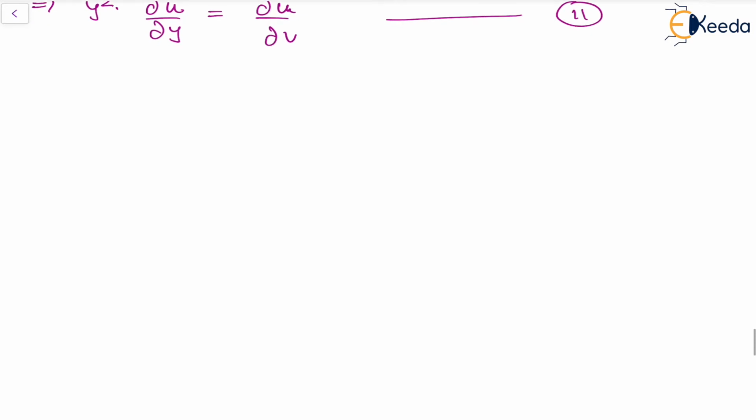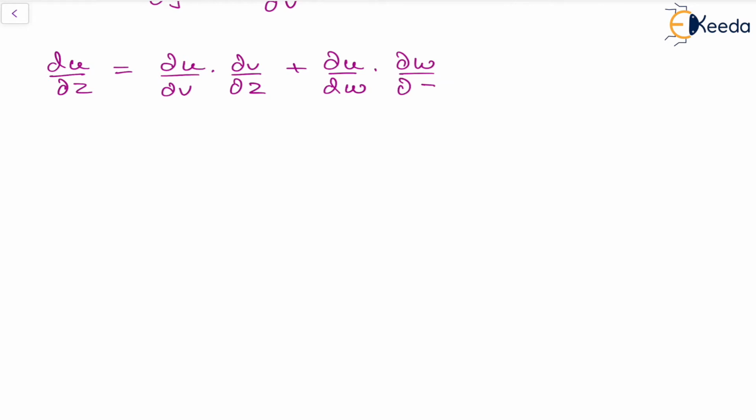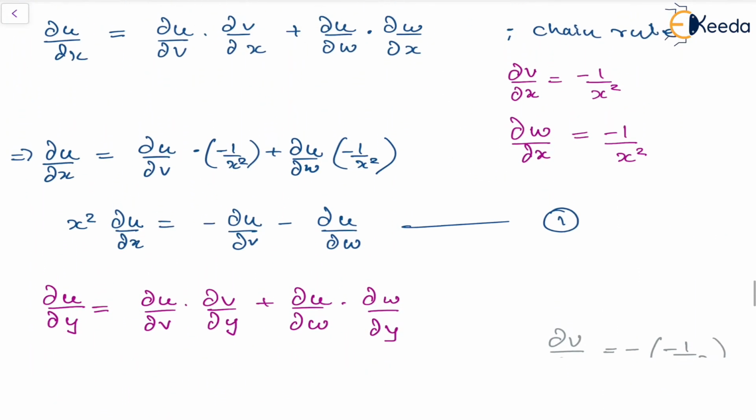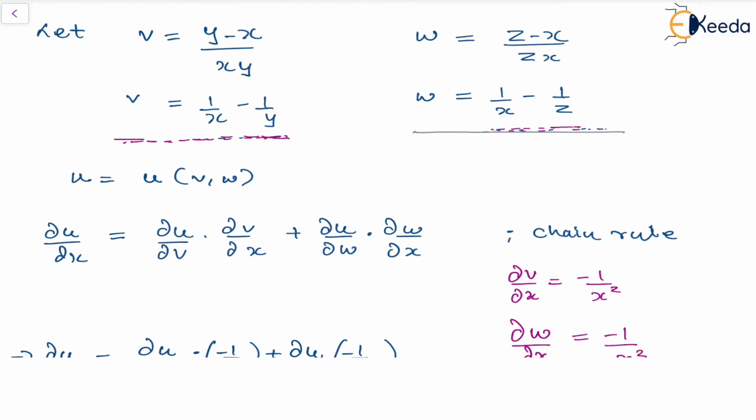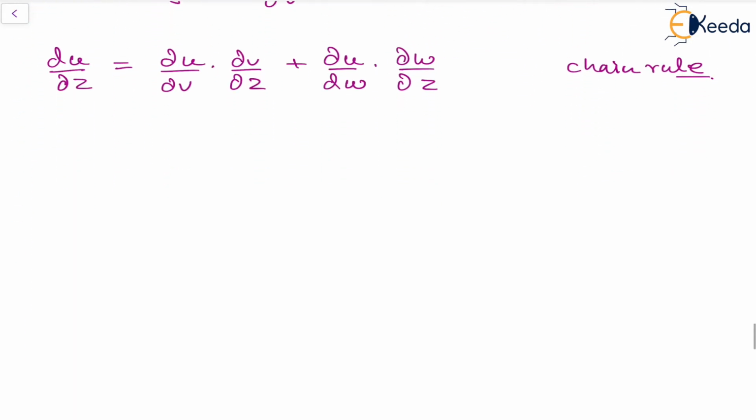Now the partial derivative of the function u with respect to z, dou u by dou z. Again with the help of chain rule, this will be dou u by dou v times dou v by dou z plus dou u by dou w times dou w by dou z. Again we can see that u is a function of v and w, where v is a function of x and y and has nothing in terms of z. That means dou v by dou z will become 0.